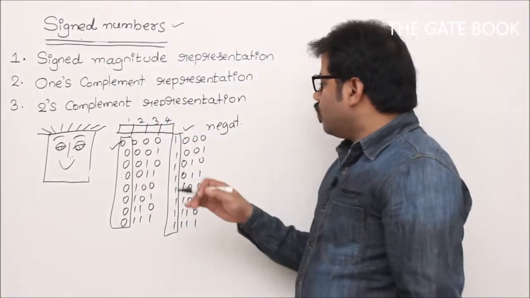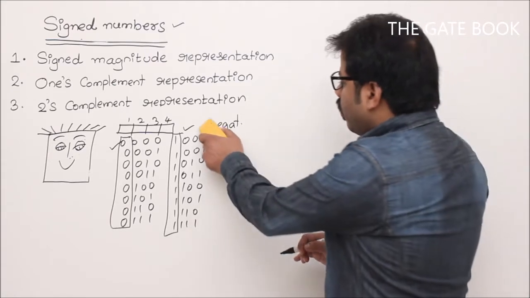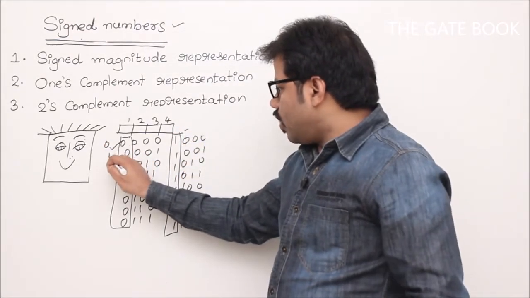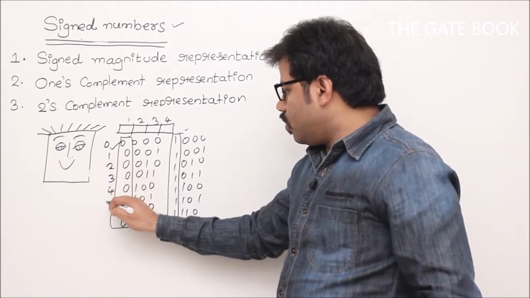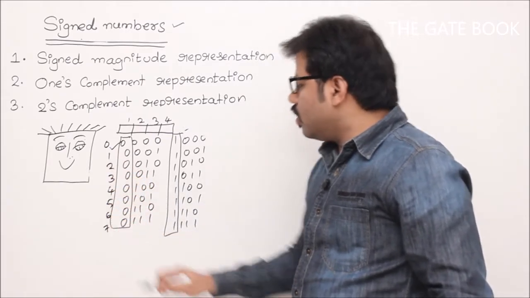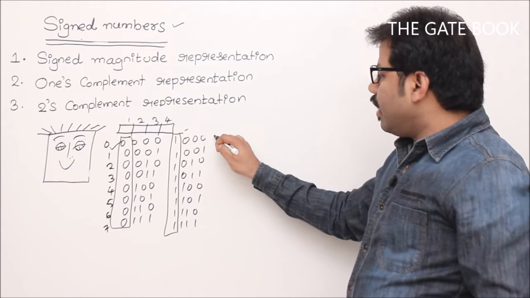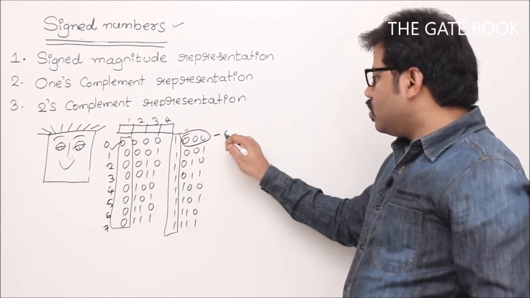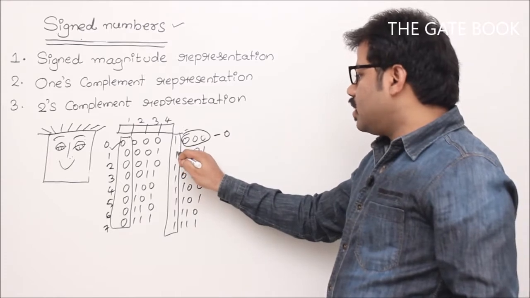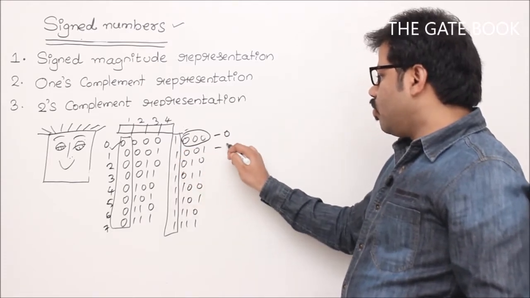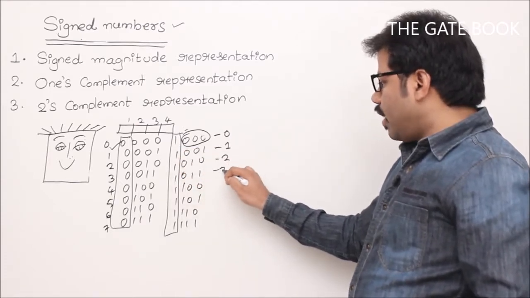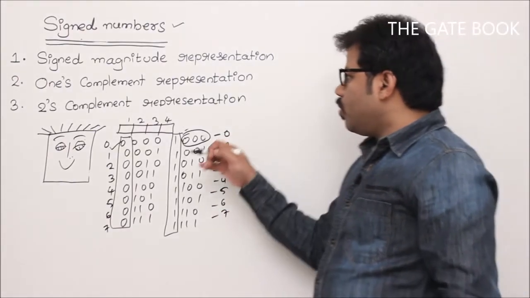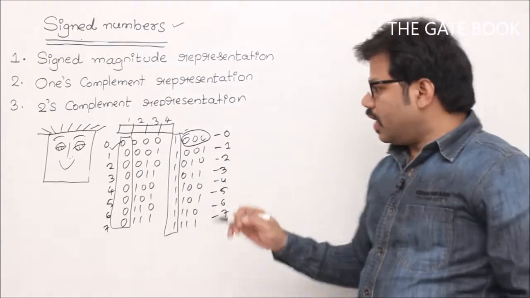Now the interesting thing: this is 0, this is 1, this is 2, this is 3, this is 4, this is 5, this is 6, this is 7. Here the leading bit is the minus sign, and the rest is the value. So 000 is value 0, 001 means 1, and in that way, with the sign bit, minus 1, minus 2, minus 3, minus 4, minus 5, minus 6, minus 7. So this is signed magnitude representation and its numbers.